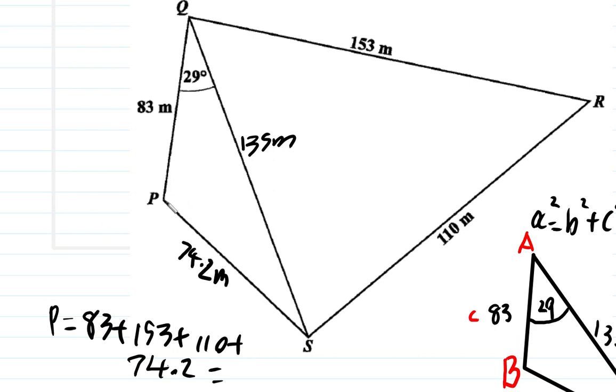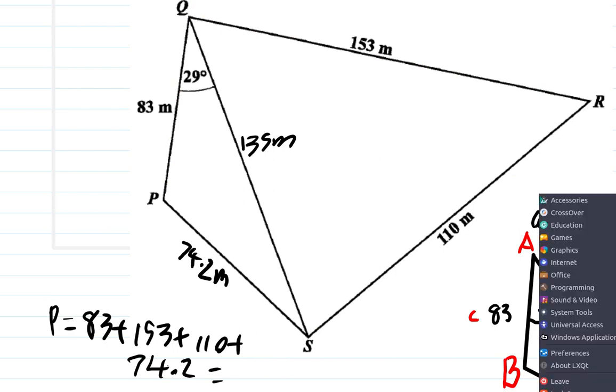Remember, perimeter: peri means around, I think it's Latin, I have to look that up, and meter means measure. So it's a measurement around, and you end up at the same spot, going right around one time.